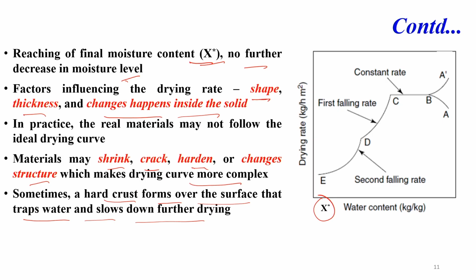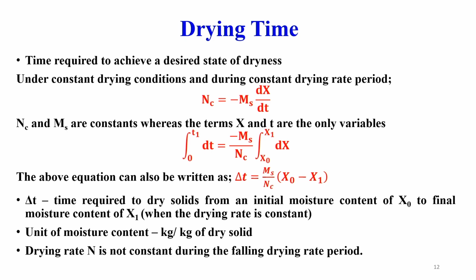in the internal part. Now, we have already seen the equation of the rate of drying. It says Nc equals minus Ms dx upon dt. If we integrate this, from 0 to T1, the drying time, dt equals the integration of Ms upon Nc of dx, going from x naught to x1.